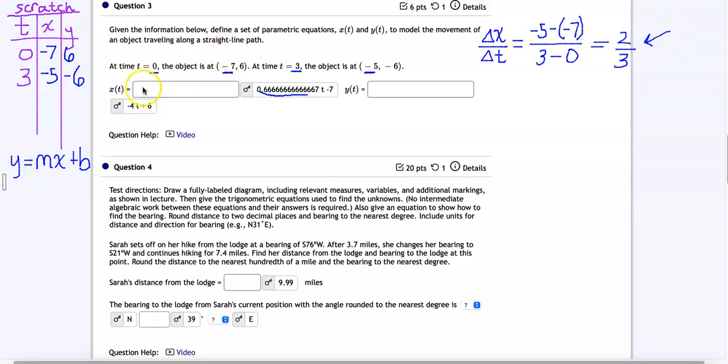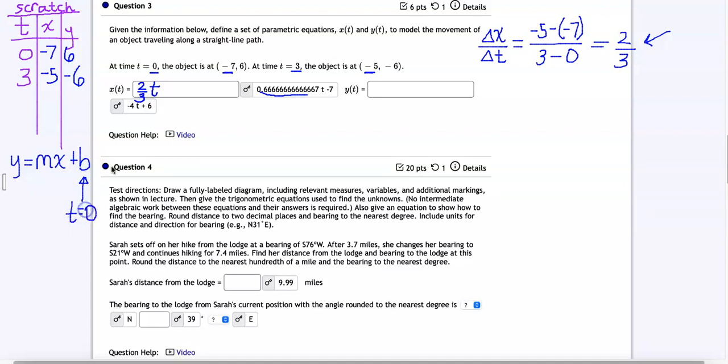Okay, now at this point, it's straightforward. Once you have your slope, which is the only work you need to show for this, you use the variable t in place of x, because this is the independent variable. And then for your y-intercept, you want to see at time 0, where is x?